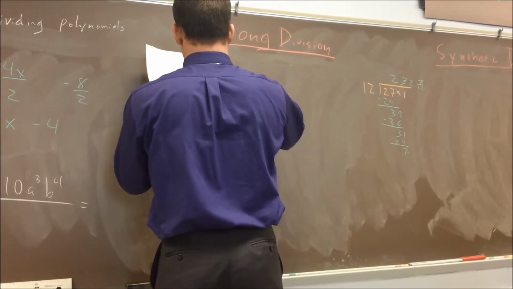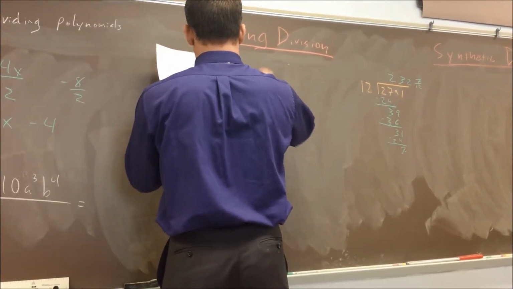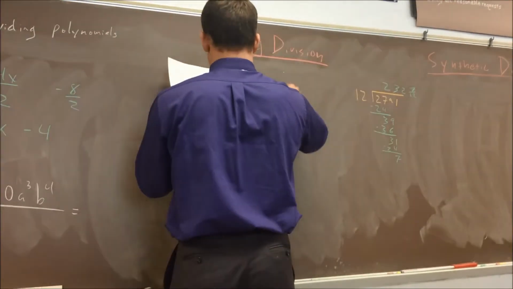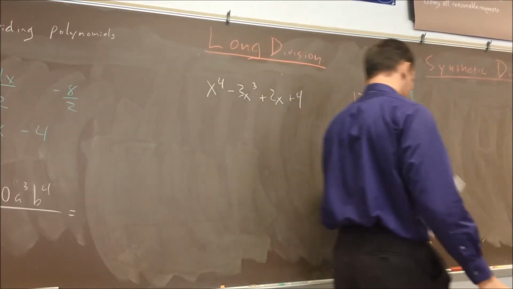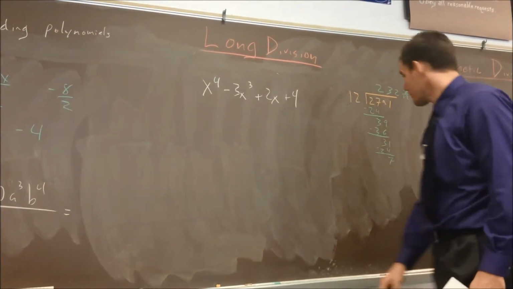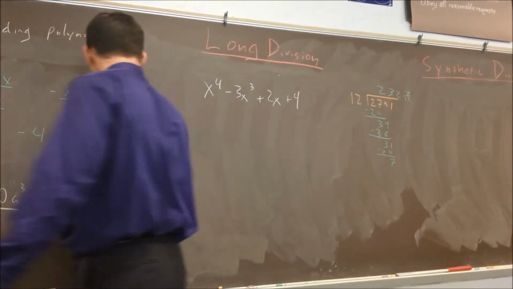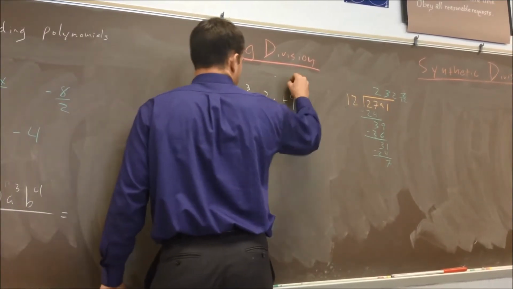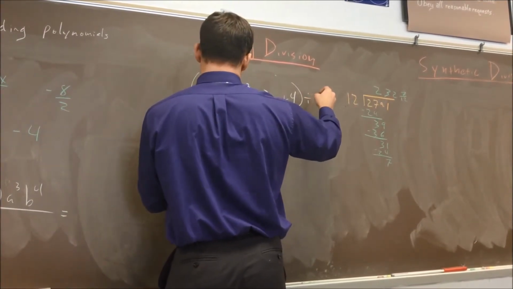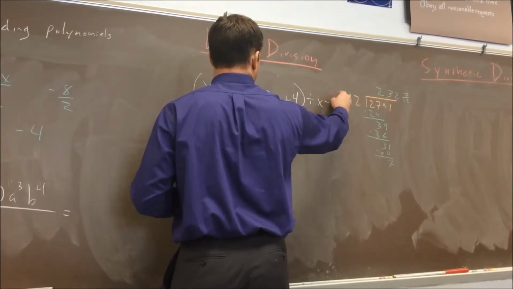X to the 4th minus 3x cubed plus 2x plus 4. And we're going to divide this by x minus 5.